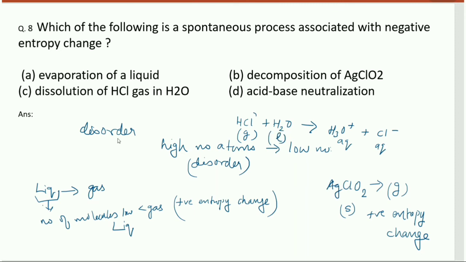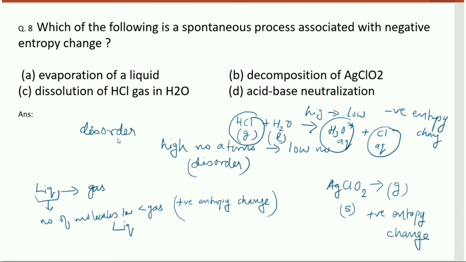A gas is converted to aqueous medium. So the number of molecules is decreased, from high to low. So the entropy change will be negative entropy change. Negative entropy change here. And the question is, which of the following is associated with negative entropy change? So the C option is the right option, dissolution of HCl gas in H2O.